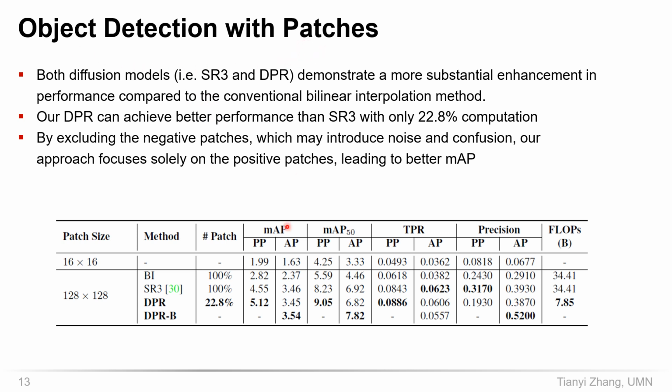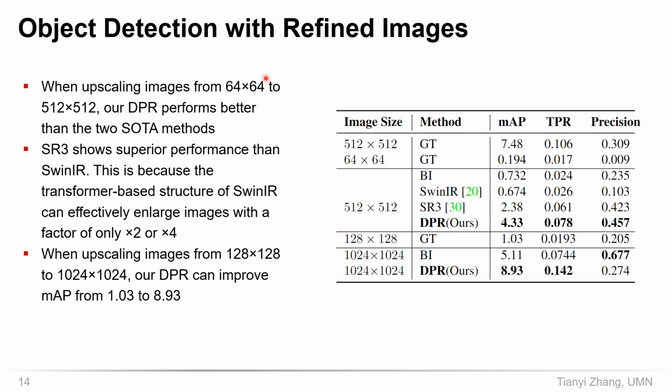As you can see, both diffusion models can achieve better performance than the bilinear interpolation, and you can see our DPR could achieve slightly better performance than SR-Sun with only 22.8% of the computation cost. This page shows the OD results with the full images.